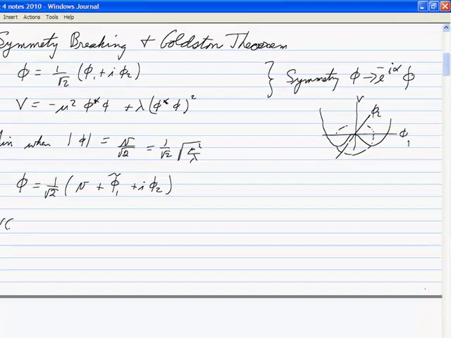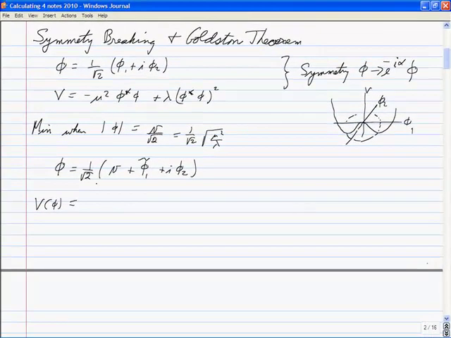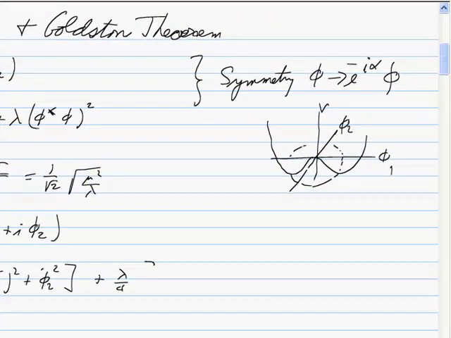Okay, so V of phi is minus mu squared over 2 times the quantity v plus phi 1 twiddle squared plus phi 2 squared, plus lambda over 4 times the quantity v plus phi 1 twiddle squared plus phi 2 squared, quantity squared.